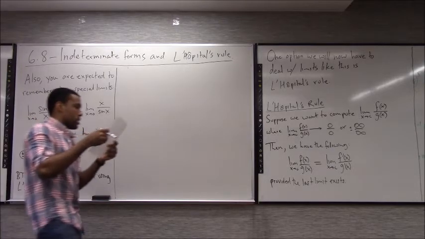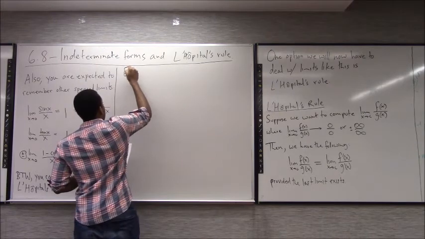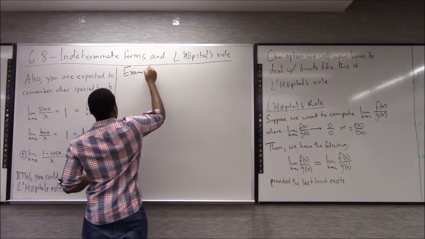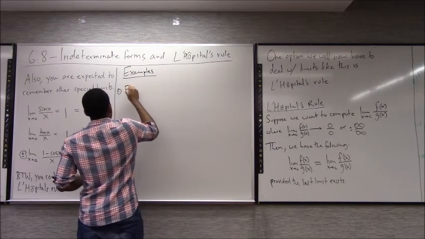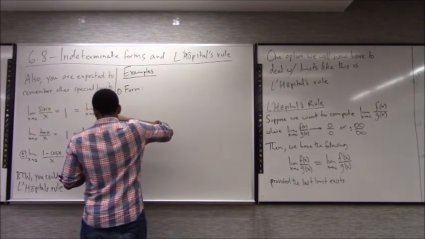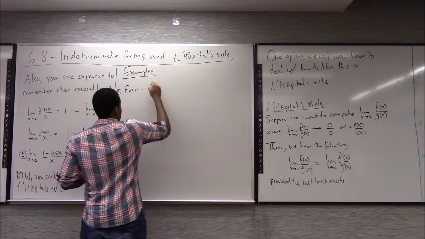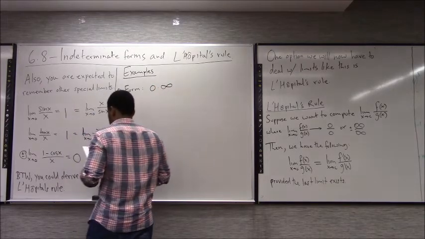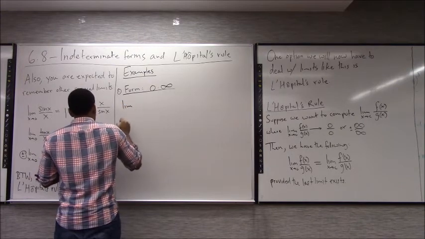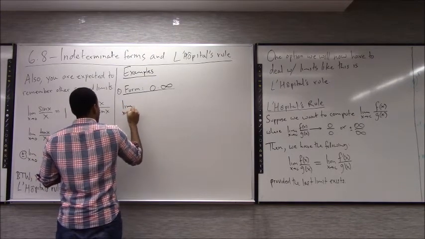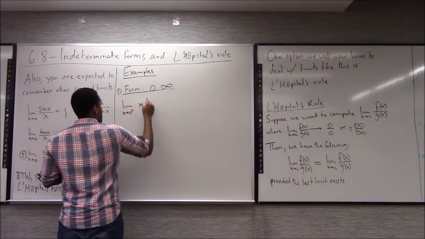So let's actually look at some examples here. So let's look at an example where we have the form 0 times infinity. For example, let's look at the limit as x approaches 0 from the right of x times ln x.